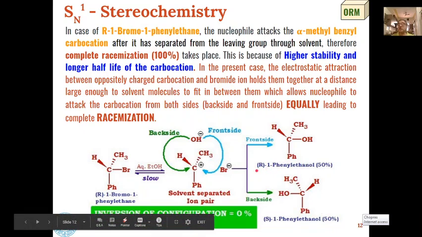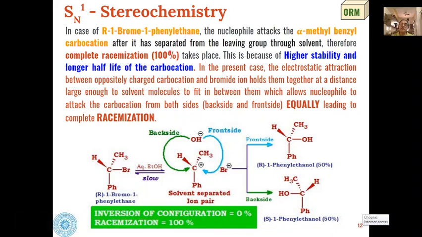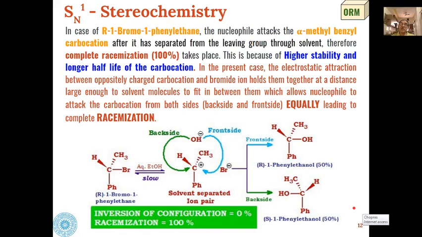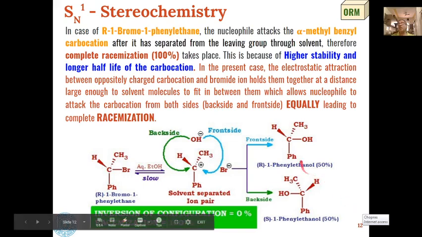So 50% R and 50% S, when both the enantiomers were mixed in equal proportion, that is 50-50, we know we get complete racemization, that is 100%. And when there is complete racemization, that means there is no product formed with inversion of configuration. So this explains how SN1 reactions are different from SN2.